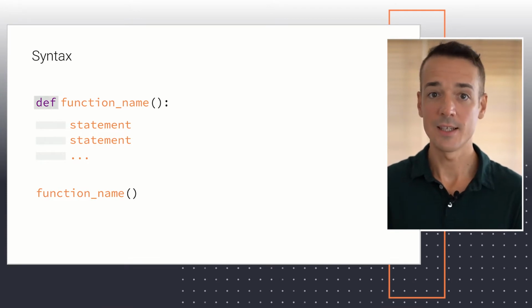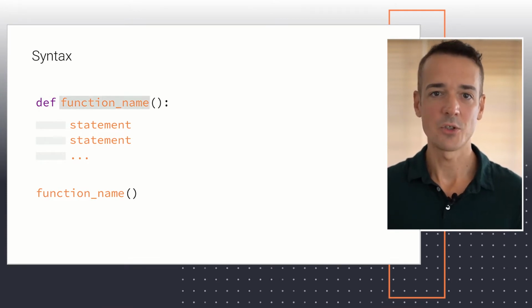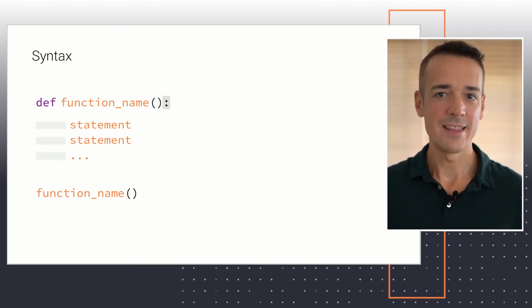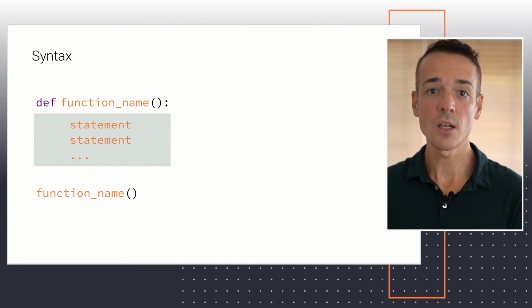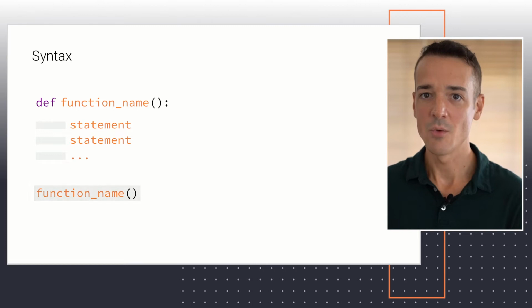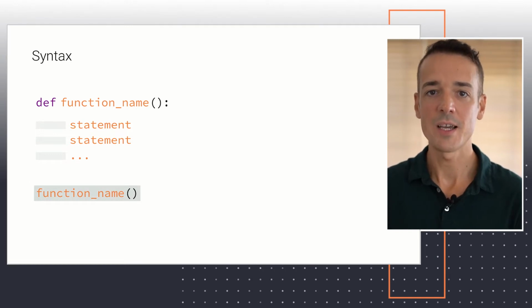We use keyword def followed by the function name, open and close parentheses, and a colon. Then, at the next level of indentation, we include the sequence of custom statements that we'd like to execute when the function is called. Later in the program, we can invoke our custom function using the syntax you're already familiar with. We use the function name followed by open and closed parentheses.